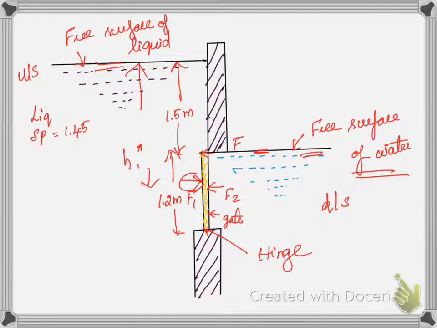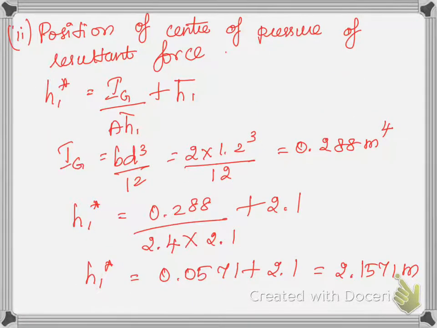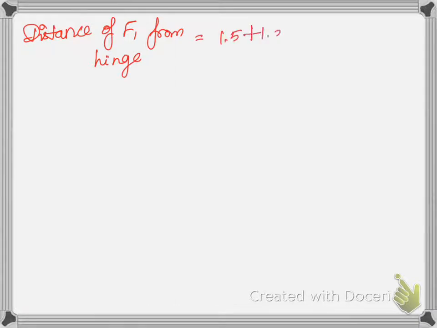And if I subtract this H1 star, I will easily get the value of the distance of F1 from the hinge. So the distance of F1 from hinge is equal to 1.5 plus 1.2 minus H1 star.